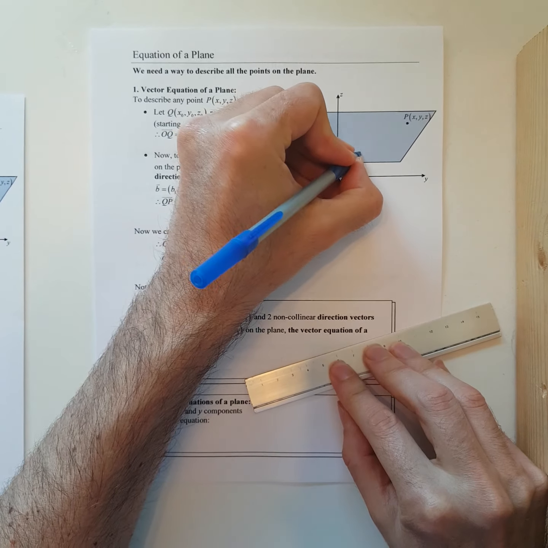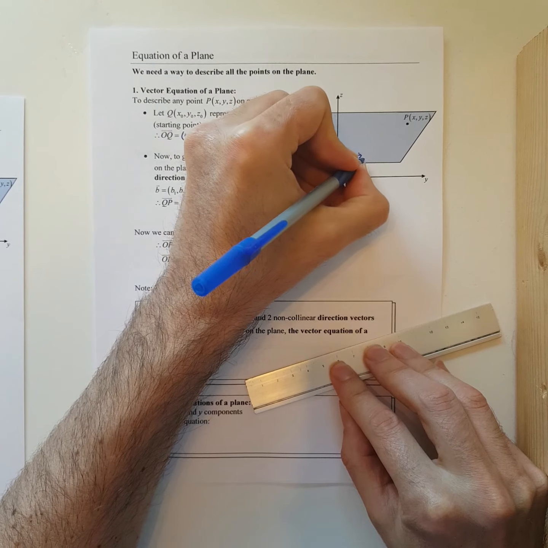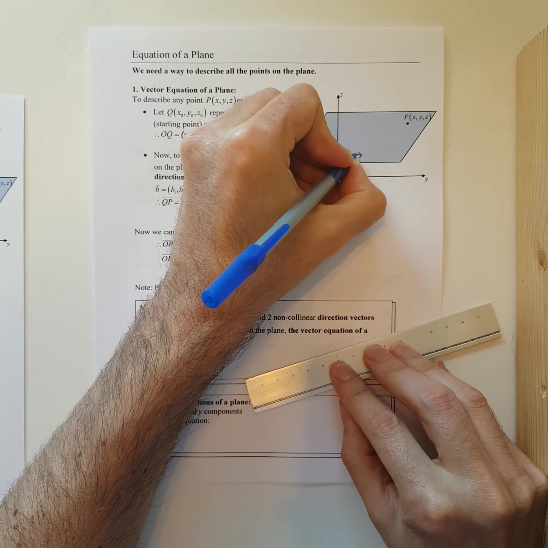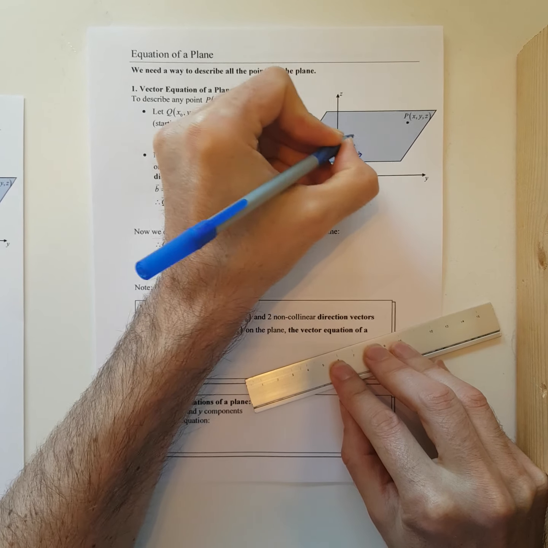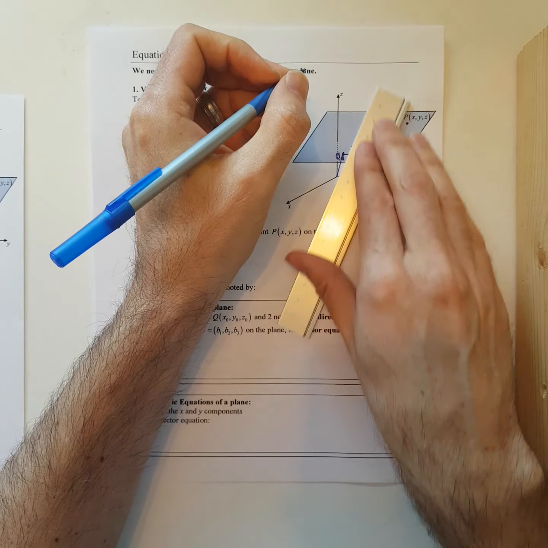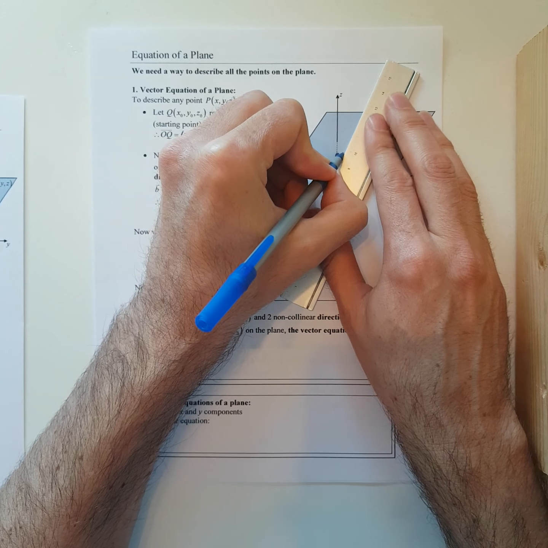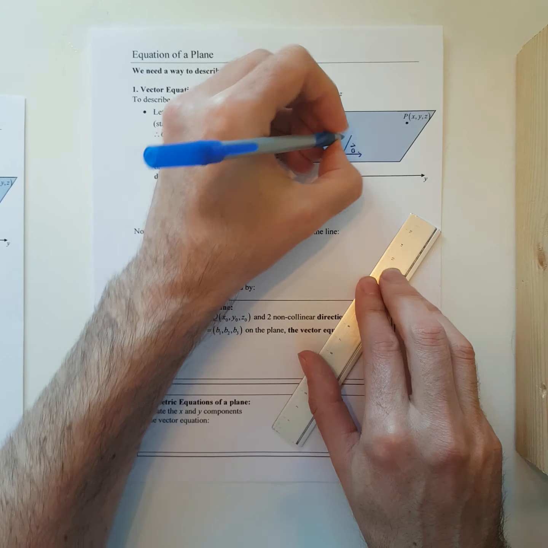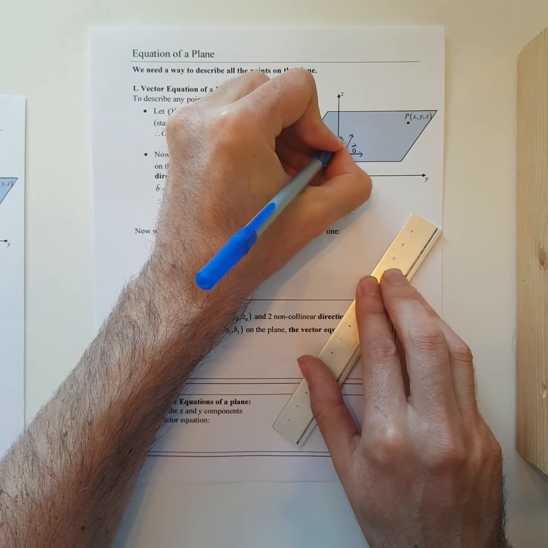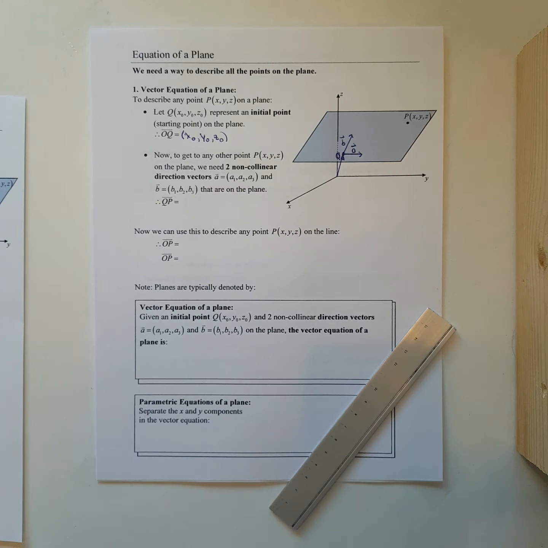So I'm going to say, well, let's call that my one direction vector. So I'll call that A. And I'll put another direction vector on here, which I will call B. So I have these 2 direction vectors A and B on this plane.